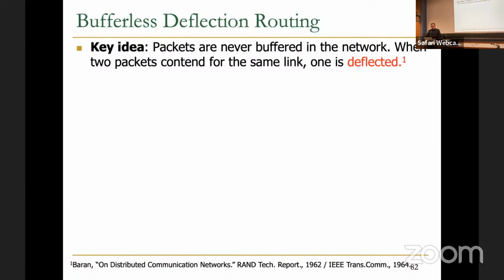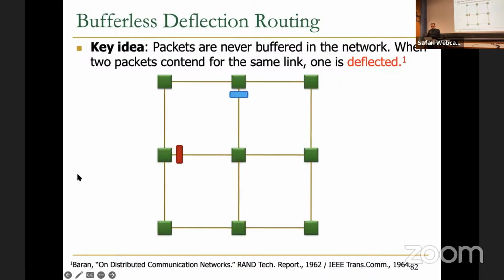So for bufferless deflection routing, I'm going to provide a brief overview here. The key idea is that packets are never buffered in the network. When two packets contend for the same link, one is deflected. So this is the destination, two packets arrive here, and then one of them is deflected.